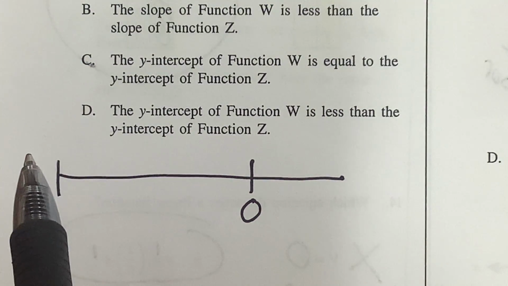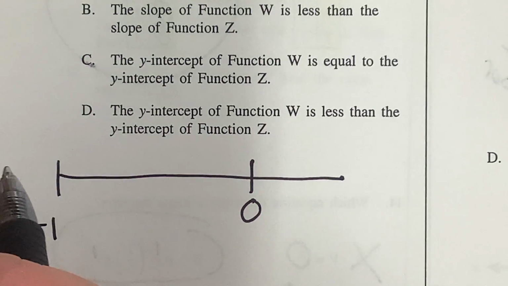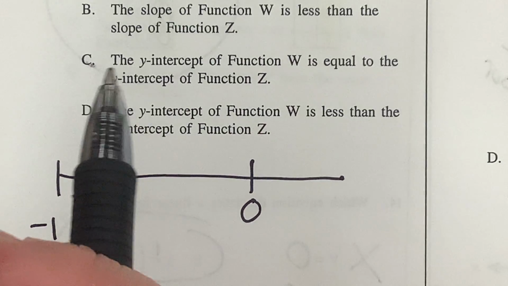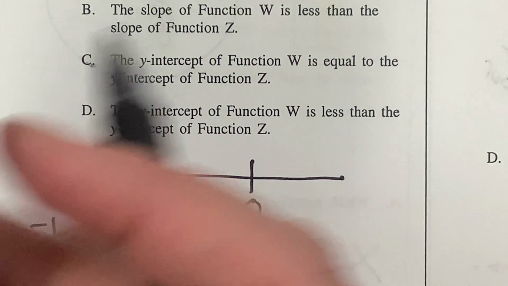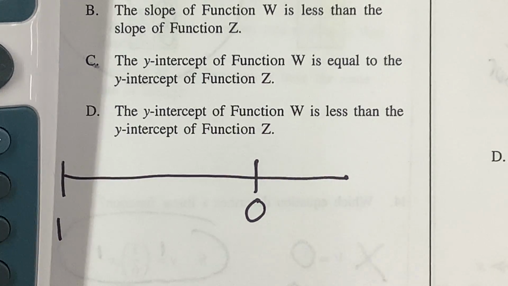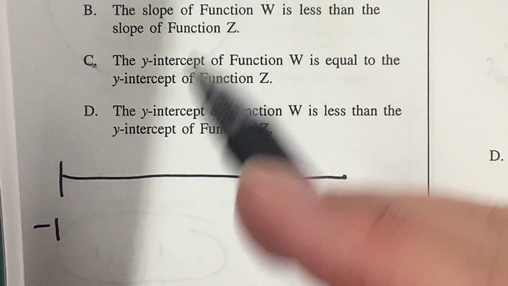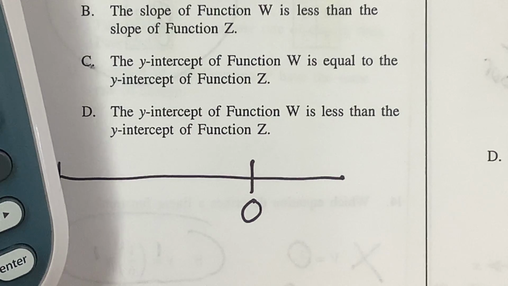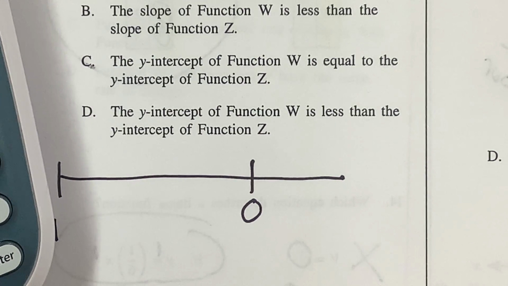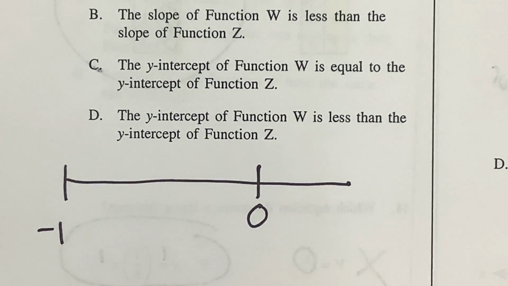So let's take a look at this one. 1 over 16 is 0.0625. And 1/25, we already know, is 0.04. So they're negative.